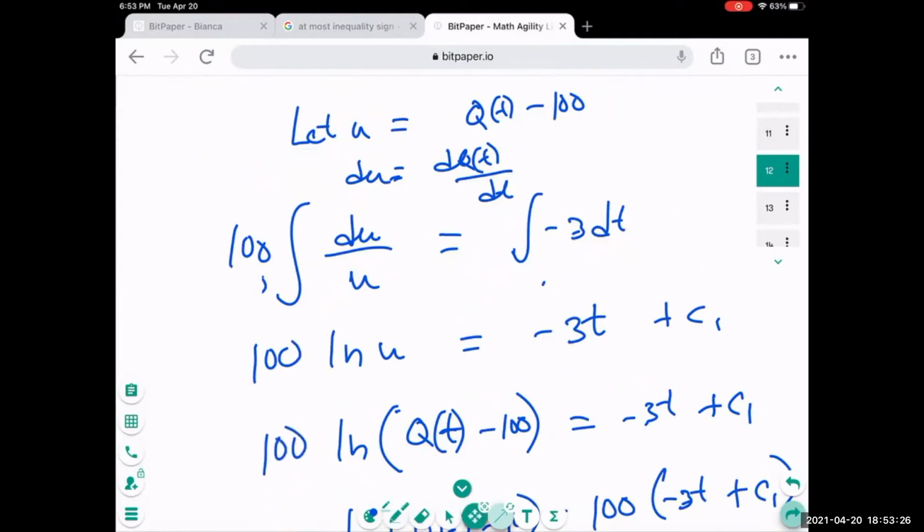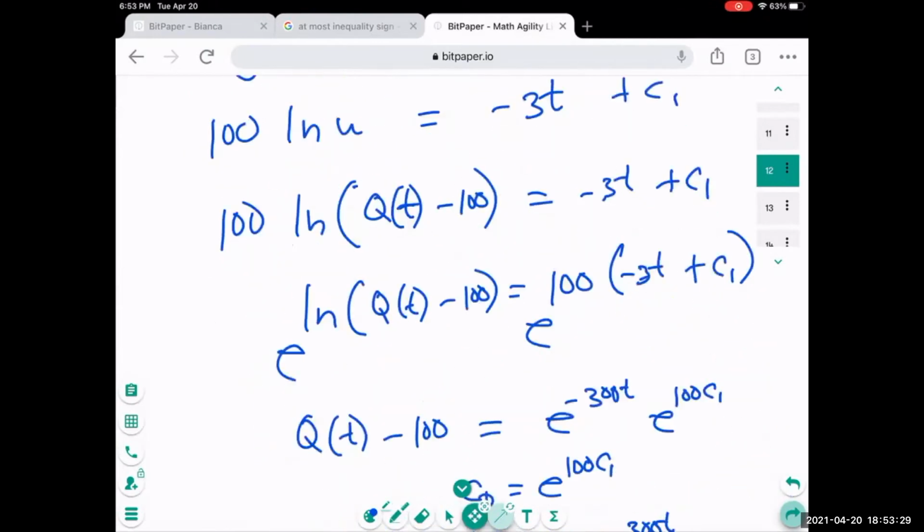So in effect, this would be negative 300 over 100, so this is negative 3 over 100, and C sub 1 over 100.